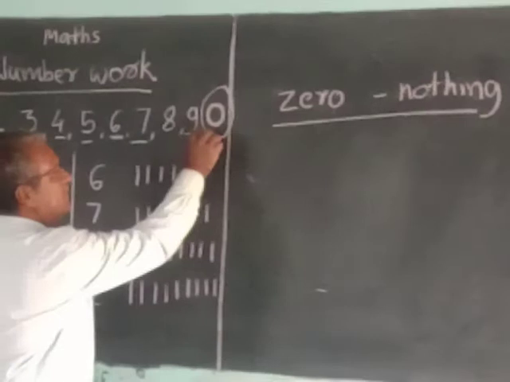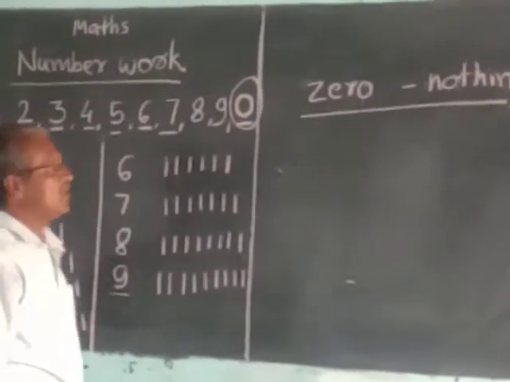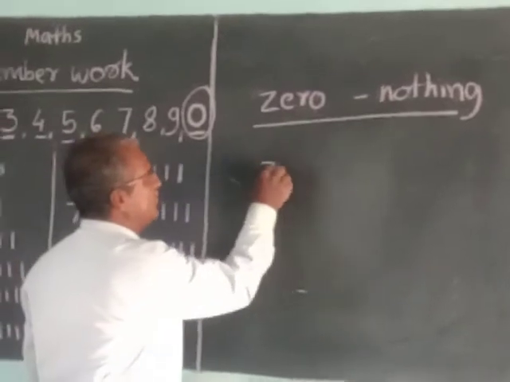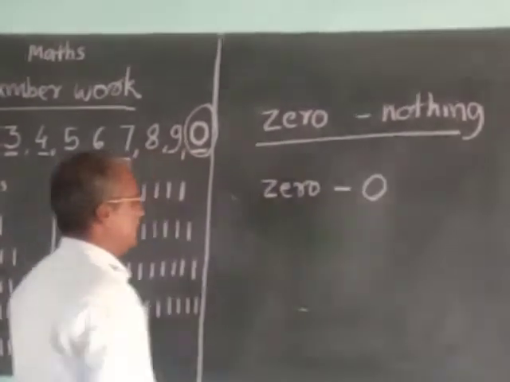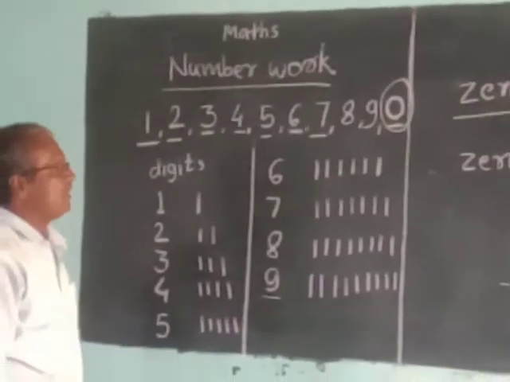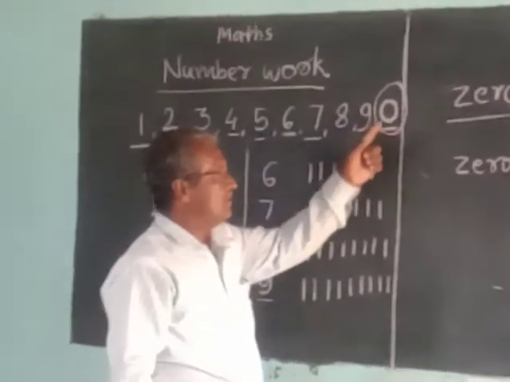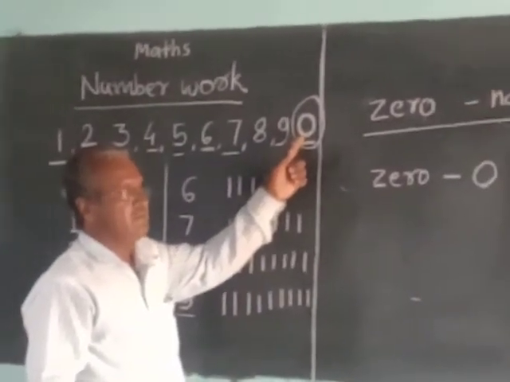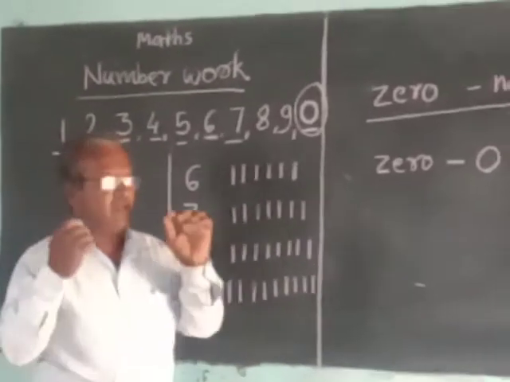Now see, this sign is used to show 0. Using the 0 sign, if there is nothing anywhere, it makes a 0.